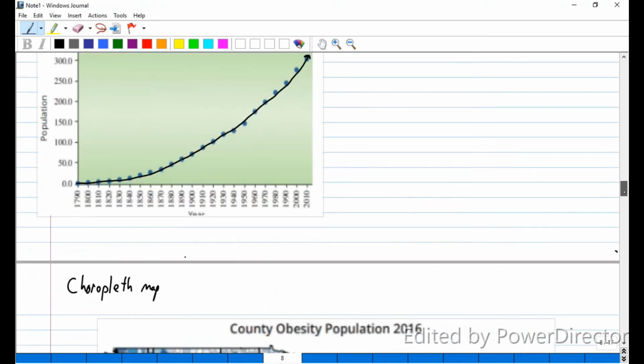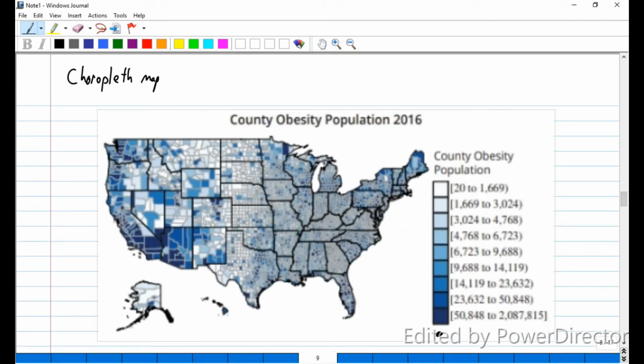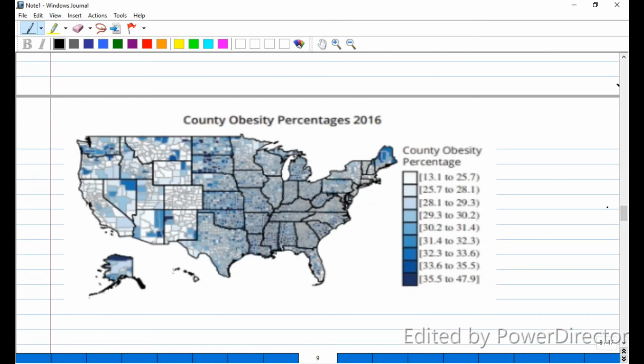If you were to show this graph to somebody and they didn't have a lot of knowledge about what this graph is showing and the population in different areas, if you thought the population was the same across the United States, then you would say, man, these people over here are really, really obese. And these people down here, they're not obese at all. But in actuality, you may see that it's different percentage-wise.